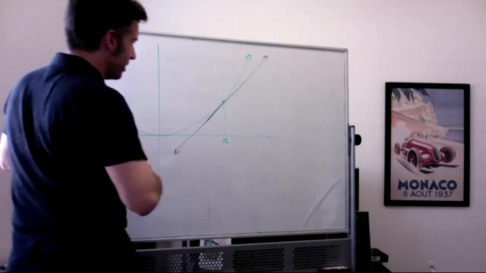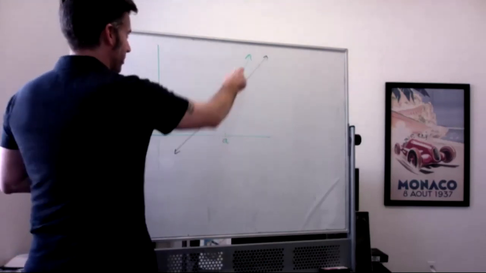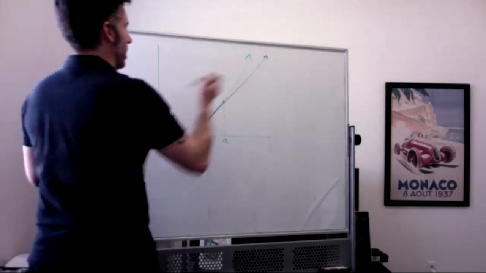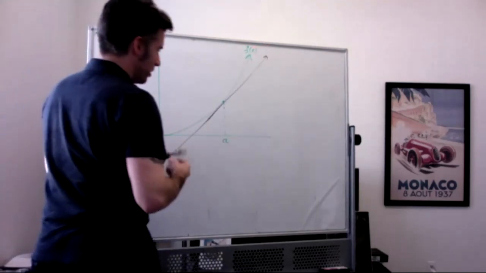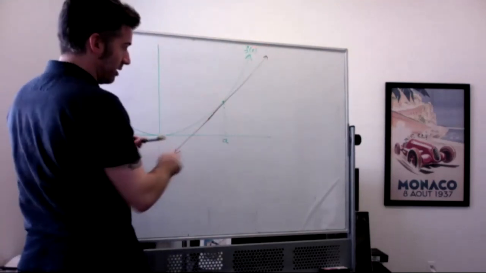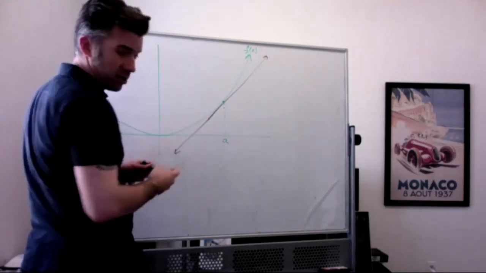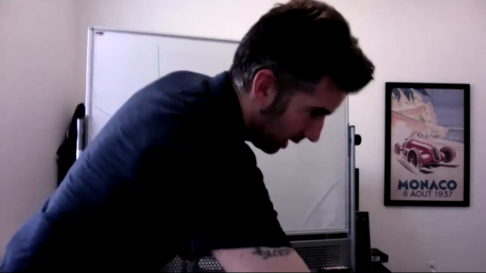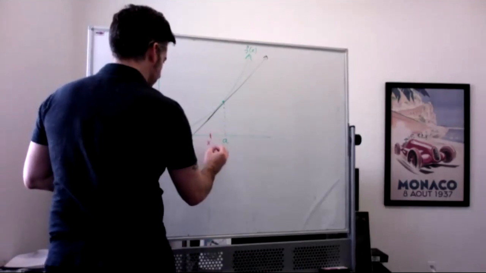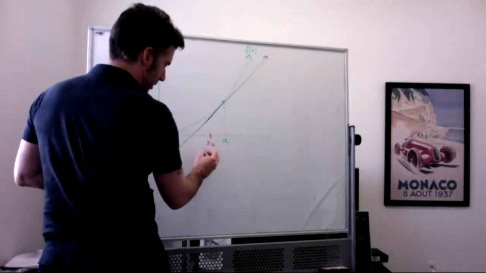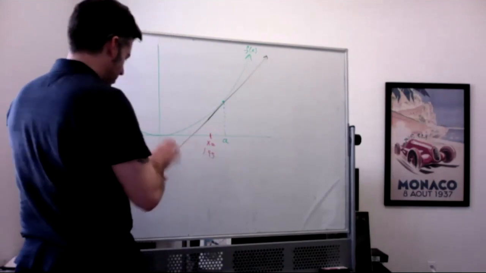We are interested in evaluating this function, f of x, at some other point close to A, like x equal to 1.95, where A is equal to 2.